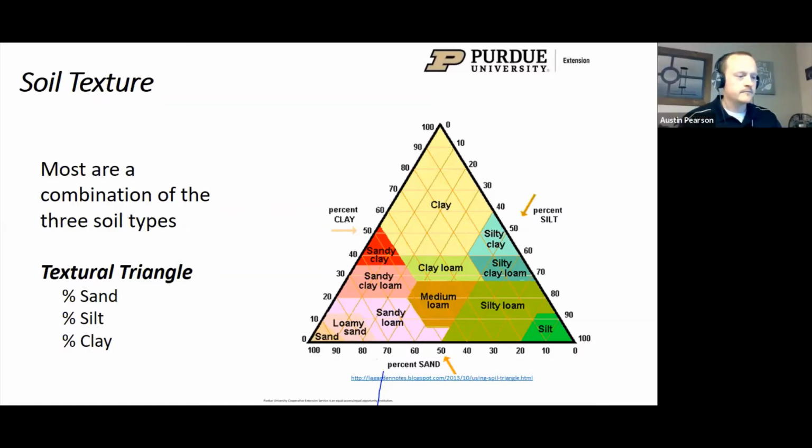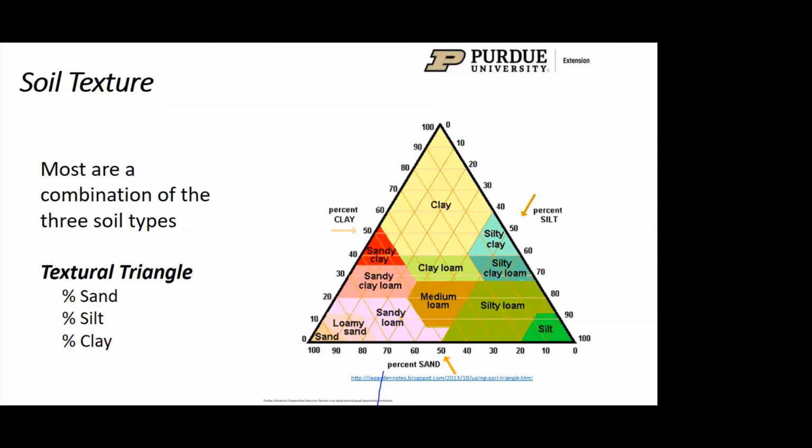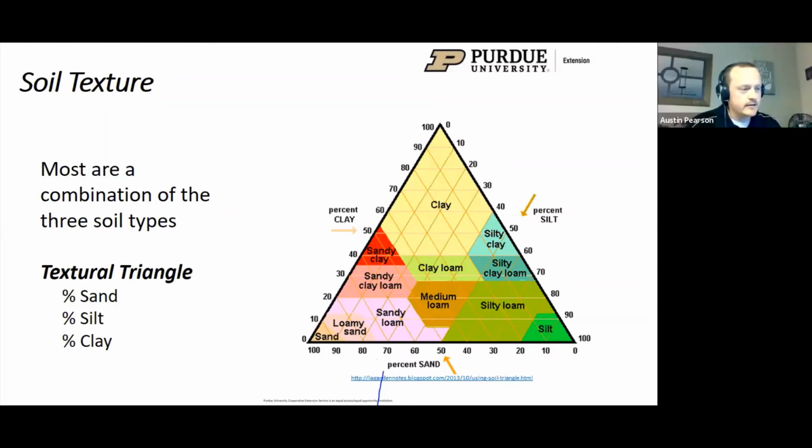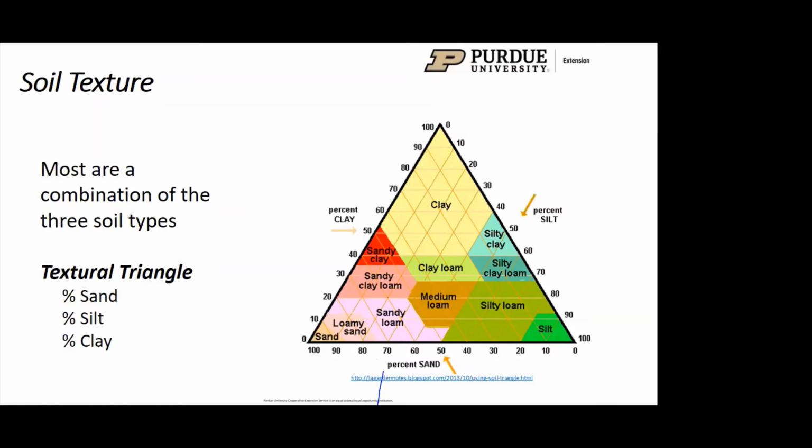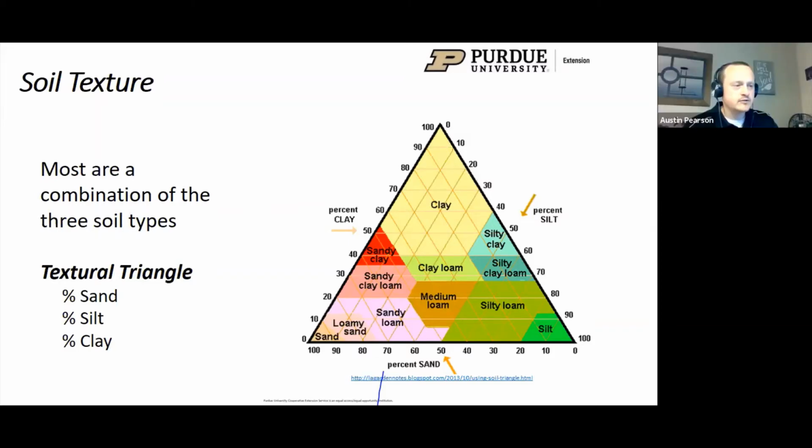So if I had a soil that had 50% sand, I'd follow up on the line there. So I automatically know that I'm somewhere down here on that sandy side of the triangle. And then if I had a soil with 30% silt and 20% clay, I would be right there in a loam category. So that's something that you could see, just utilize that triangle to determine that.